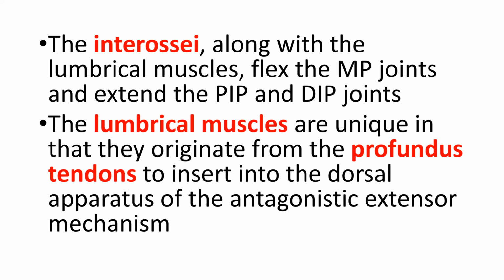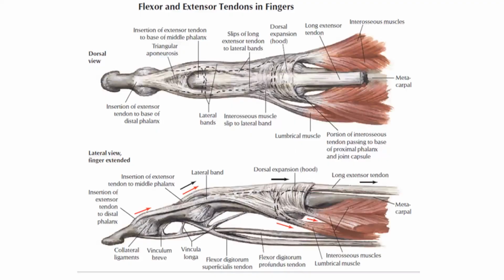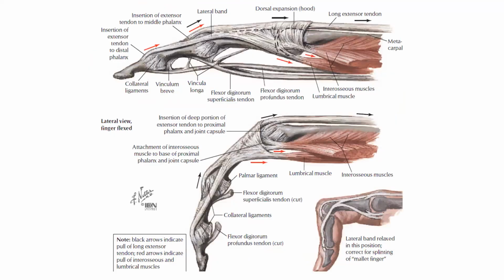They insert into the dorsal apparatus of the antagonist extensor mechanism. This shows you how these tendons, the lumbrical, extend and insert on the extensor aspect of the proximal interphalangeal joint. This shows it further.